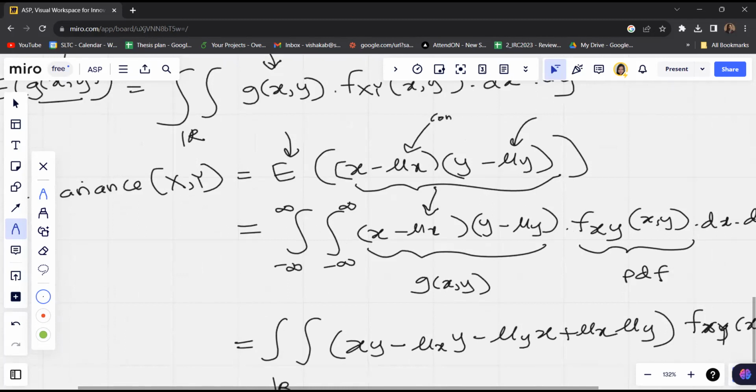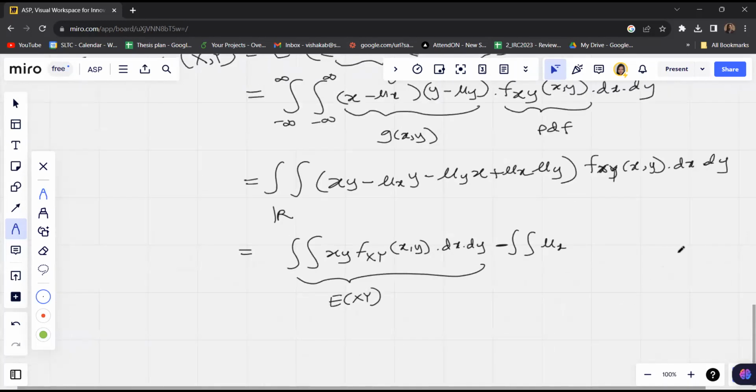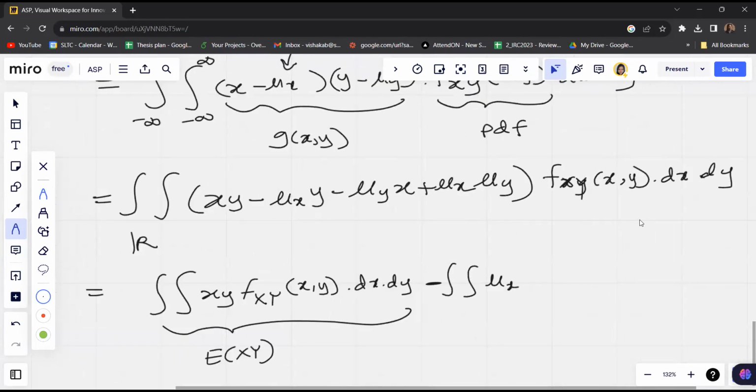It's some kind of average value; mu_x is the average value of the x variable, mu_y is the average value of the y variable. Is it E[XY] minus E[X]E[Y]? Yes.